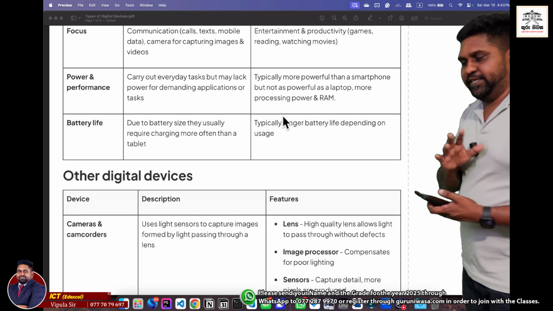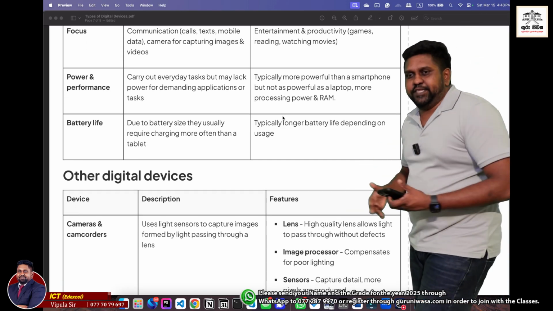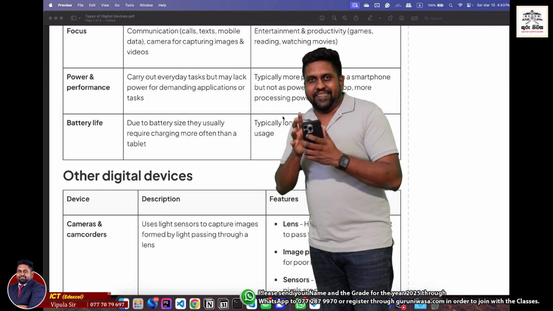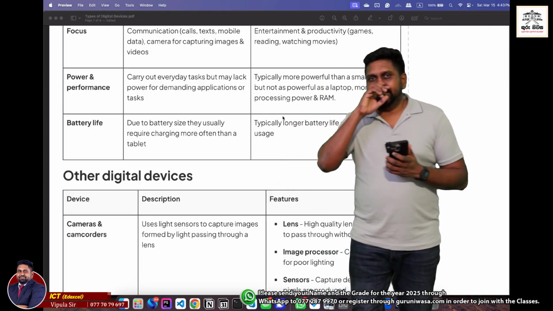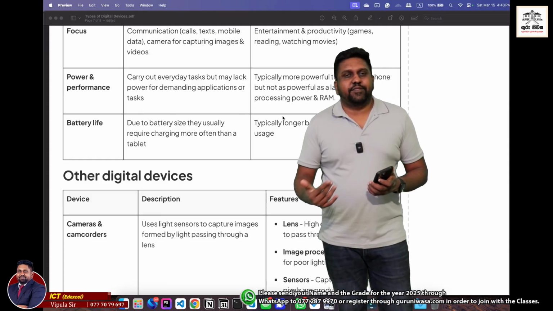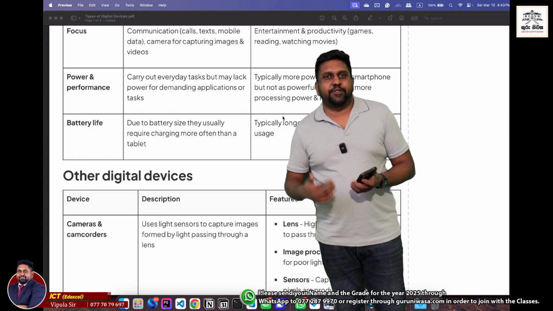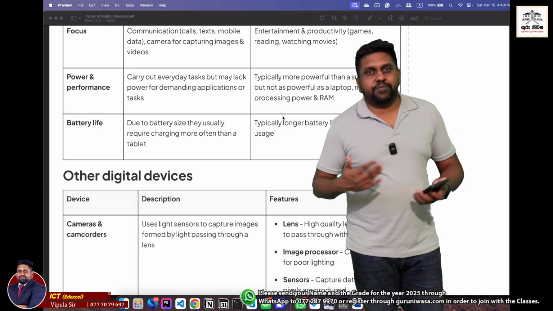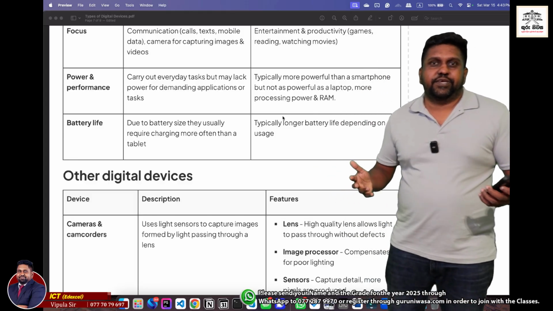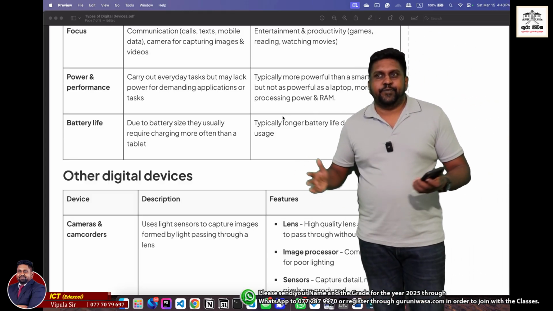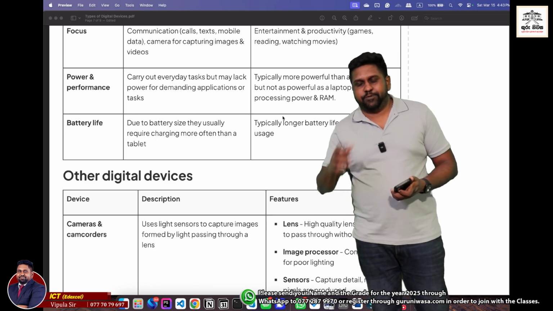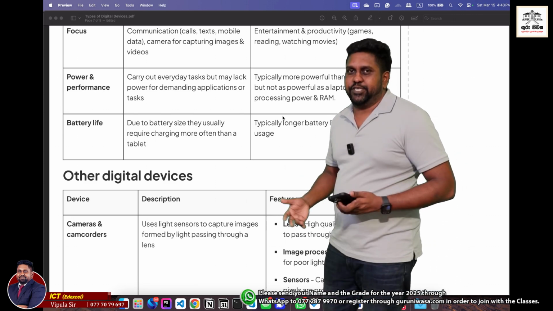Now this is something important. The mobile phone is usually small. I mean, the size is small, so that means the battery capacity is obviously limited, right? So it has a specific limited capacity, so you can't use it for a long time, and obviously it has to be charged every now and then.